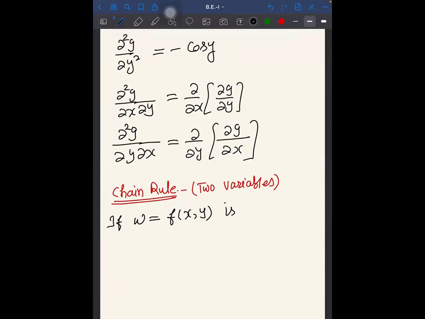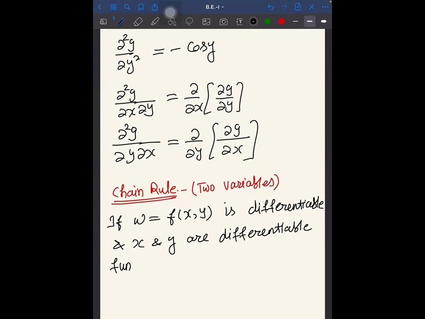So let's say w is equal to f(x,y) is differentiable, and x and y are differentiable functions of t, right?